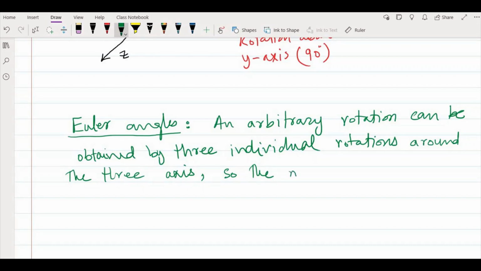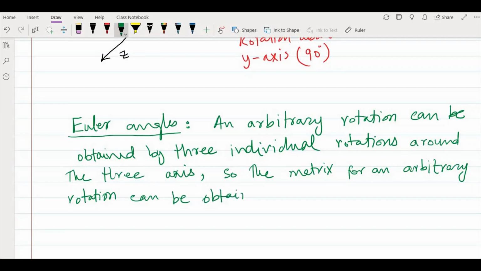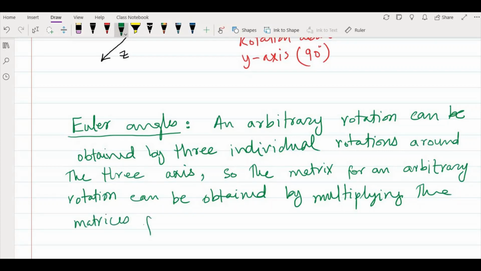So the matrix for an arbitrary rotation can be obtained by multiplying the matrices for each single rotation.